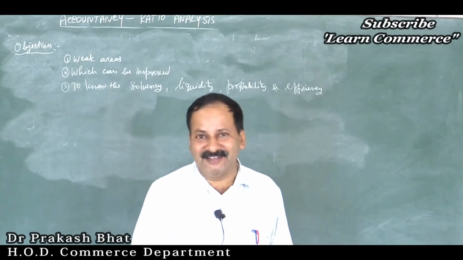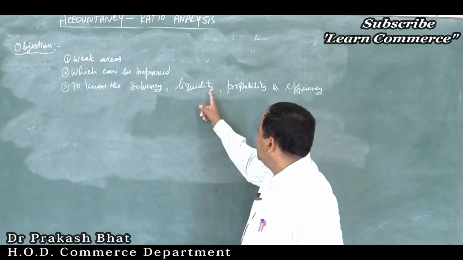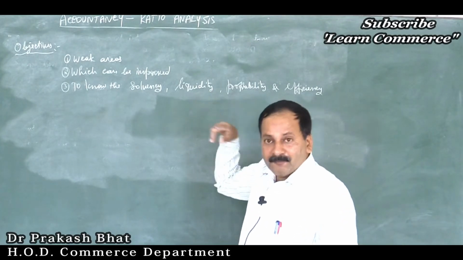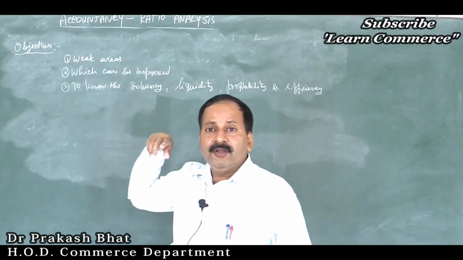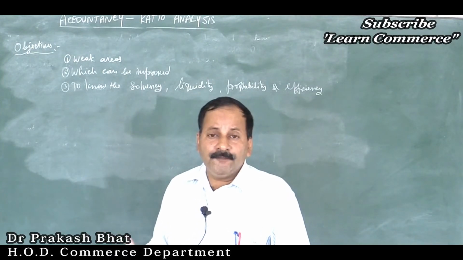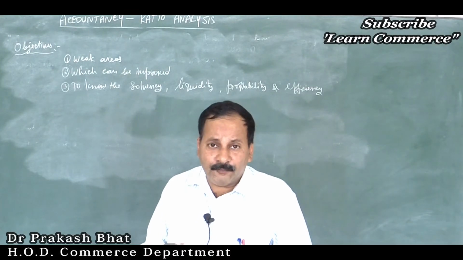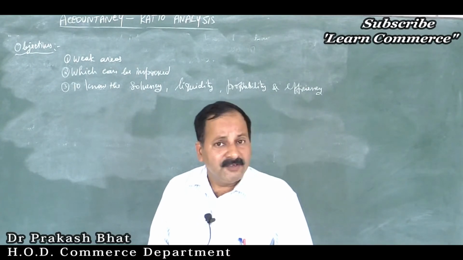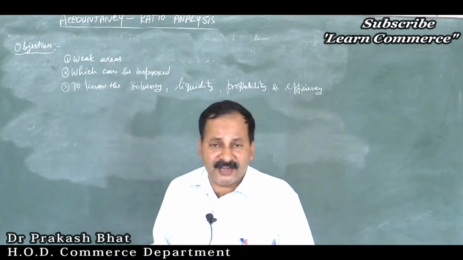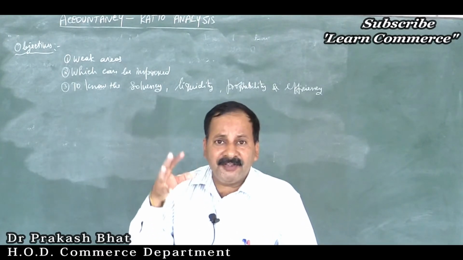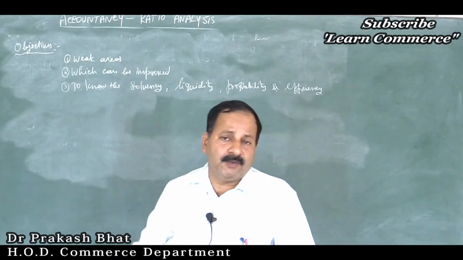My point here is that the liquidity position must be maintained, otherwise what happens? You won't be in a position to attend the classes, if for these reasons, that is for giving money for food, pocket money, isn't it? Then for books and other stationery items, you need to pay because you have already admitted your child in a school.